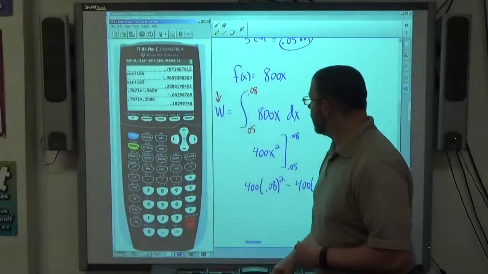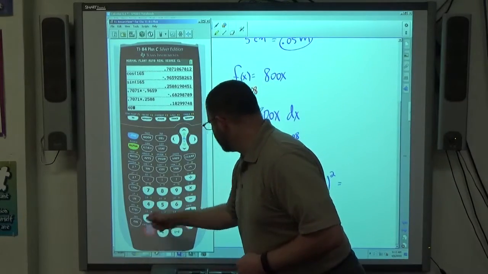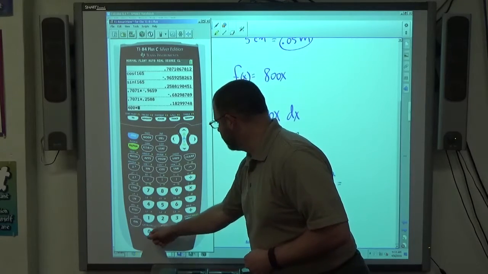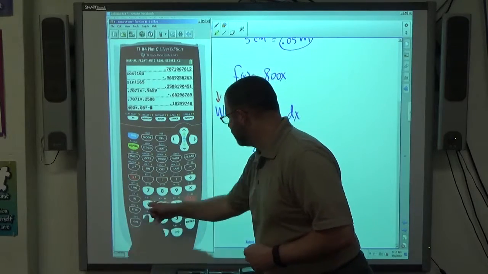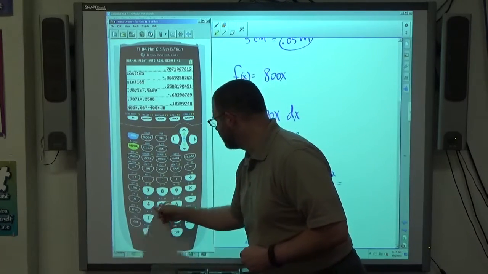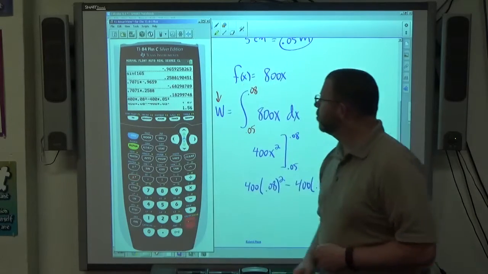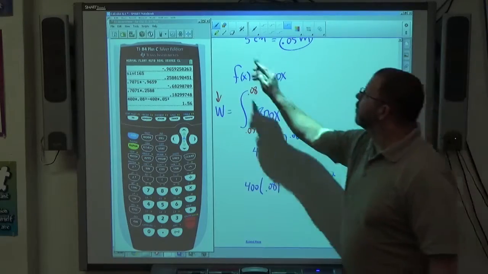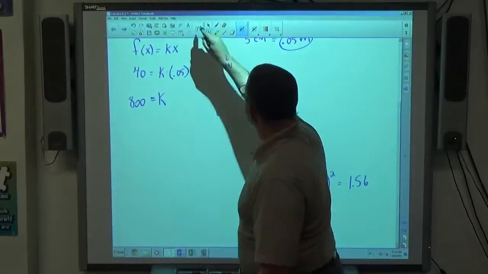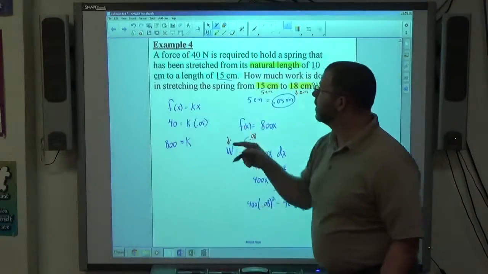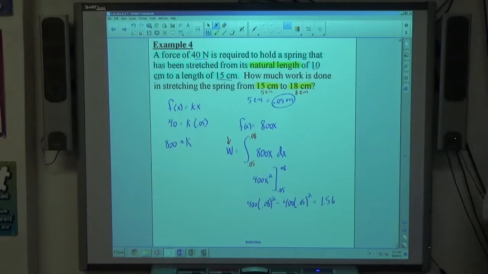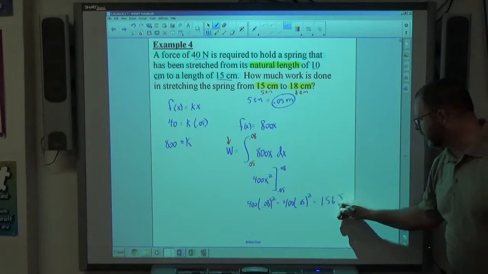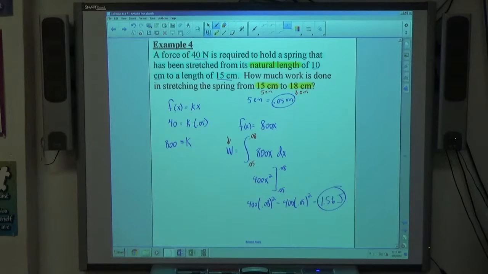My calculator can evaluate that for me, and it comes out to 1.56. Now, when we're dealing with forces in newtons and distances in meters, what kind of unit do we get on work? Joules. 1.56 joules would be the correct answer there.